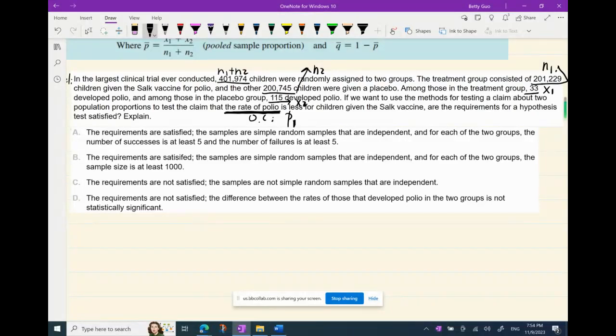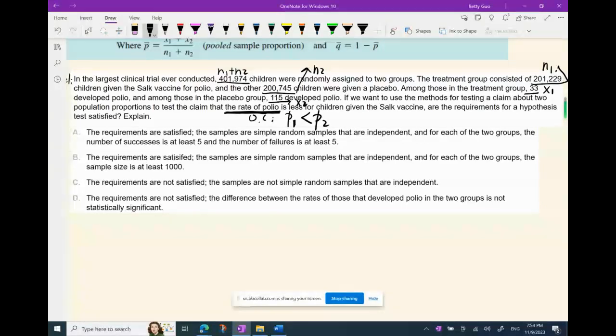And the claim says the rate of polio is less for children given the vaccine than the placebo group, in which the children are not given the real vaccine, only given the placebo, like a sugar coated pill.